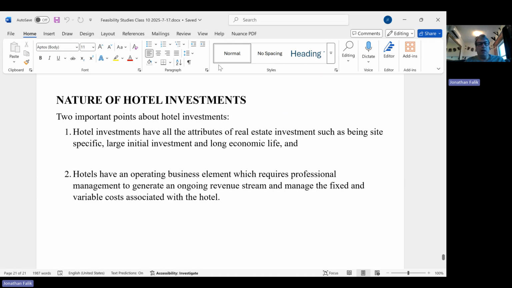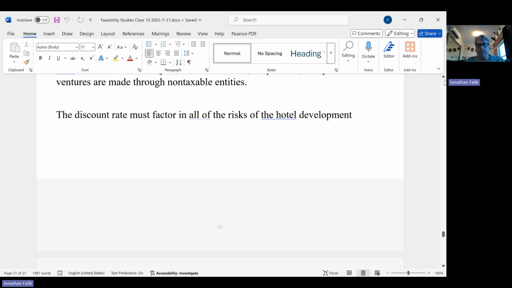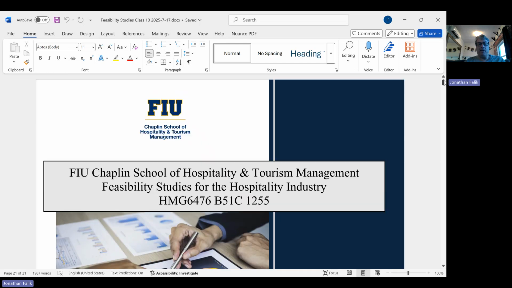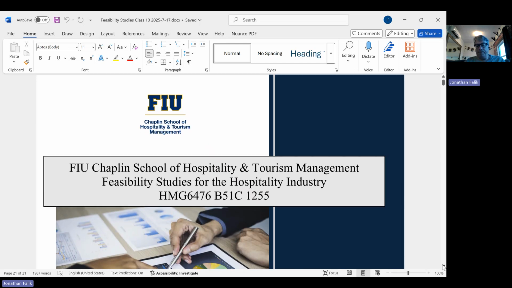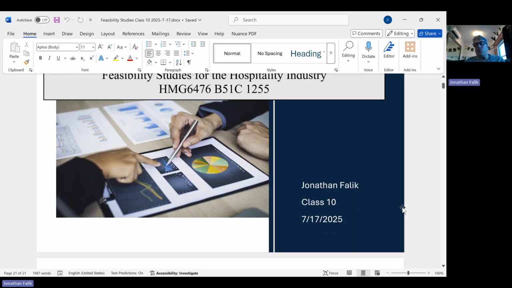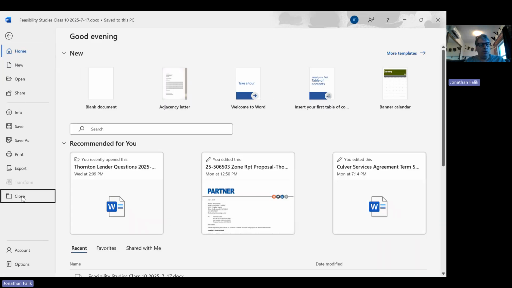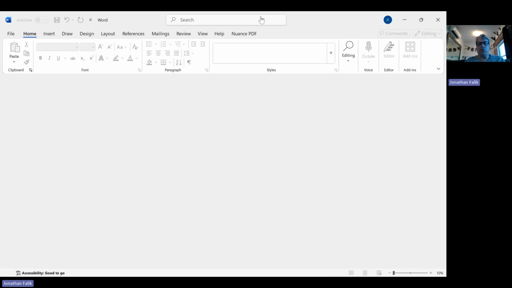So I'm going to close out of this again. For anyone pulling it down, it says next week's date, class 10 and 7/17, but this is available on Canvas in the class modules. So I'm going to close this.